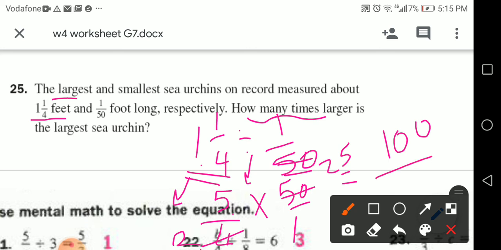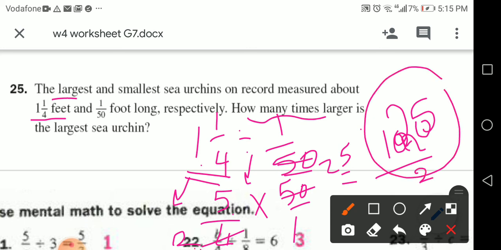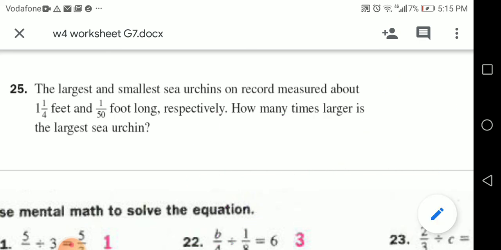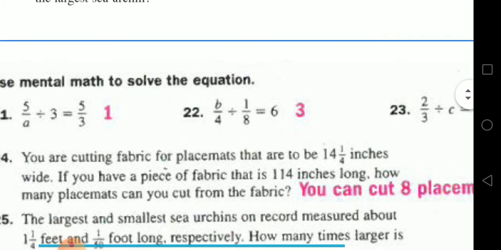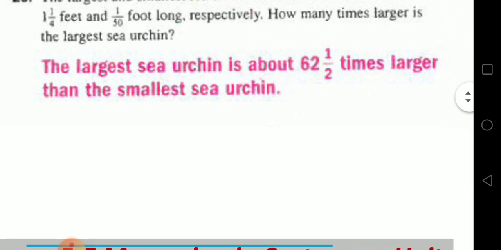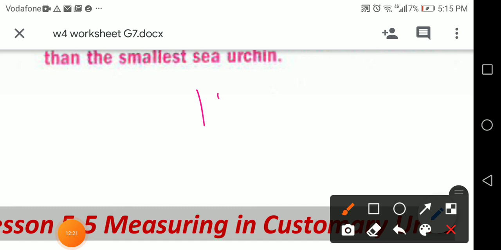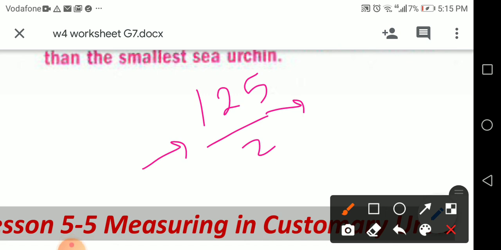Just a moment, sorry. 5 times 25, what is it, guys? It's 125. So I have 125 over 2. So the answer is 125 over 2, which is improper, so convert it into mixed.